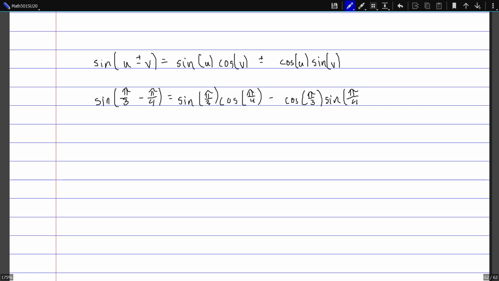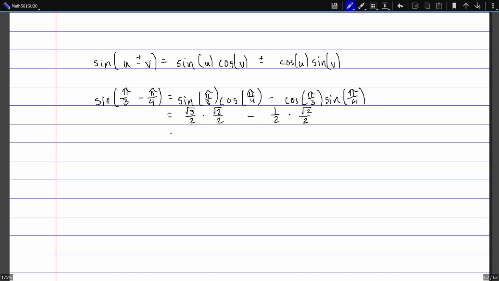And then from here, we just need to substitute in the known values for these different trig functions. Sine at pi over 3, that's going to be square root of 3 over 2. Cosine at pi over 4, this will be square root of 2 over 2. On the other side, cosine of pi over 3 is 1/2. And sine of pi over 4 is square root of 2 over 2.